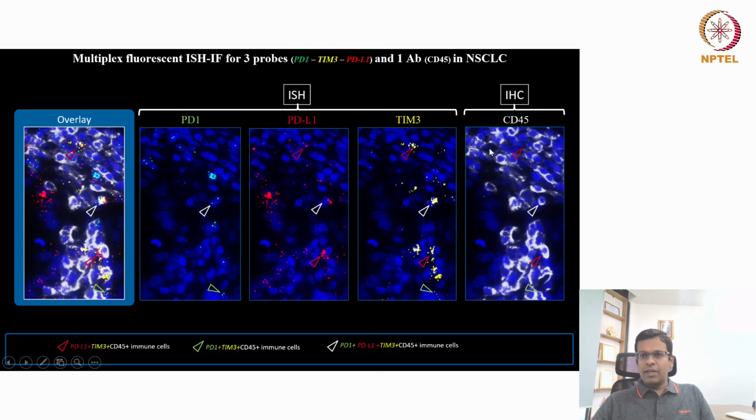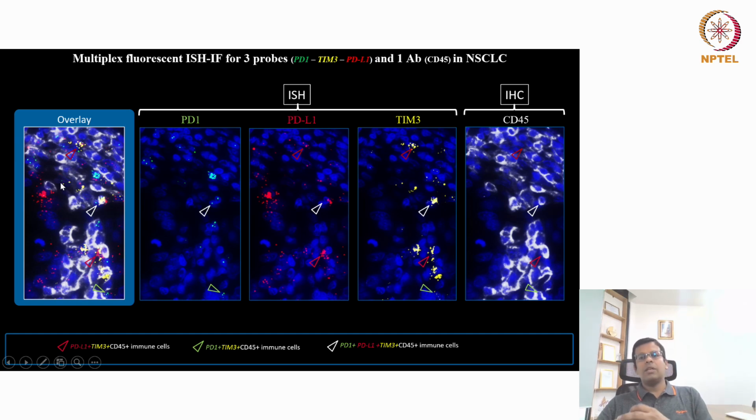Okay, and along with that, they've used CD45 immunofluorescence. So with CD45 antibodies, the white signal represents the localization of the CD45 protein. If you see the overlaid or merged image, you can see these cells are expressing CD45 protein, and they have the transcript levels for PD1, PDL1, and TIM3 as shown in this figure.